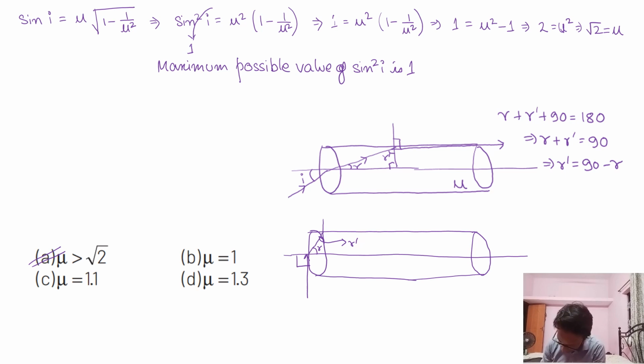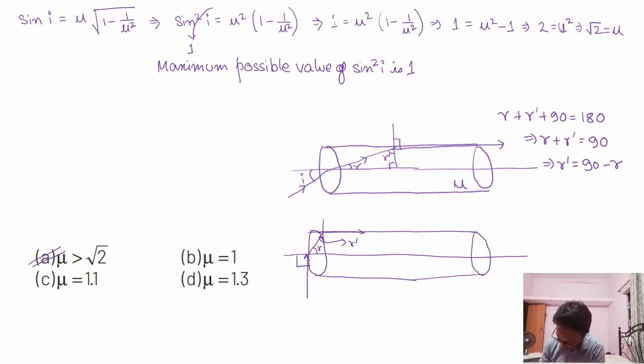And for minimum r dash, if I get total internal reflection, then if I now decrease the angle of incidence, this r out here decreases and this r dash out here increases. So if r dash increases, then the ray would definitely reflect back.